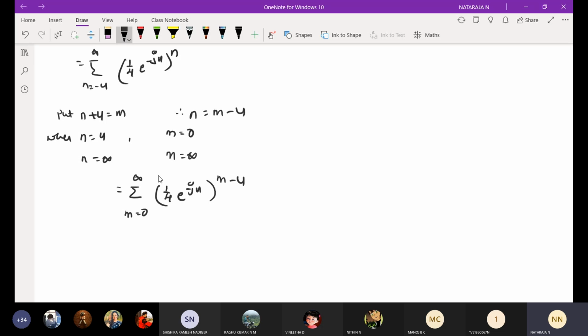Now we have 1/4 e power minus j omega whole to the power of m minus 4. I am going to split it into both terms. Here we get 1/4 e to the power of minus j omega whole to the power of m, and meanwhile 1/4 e to the power of minus j omega to the power of minus 4. We have two different terms. I will take this minus 4 term outside.